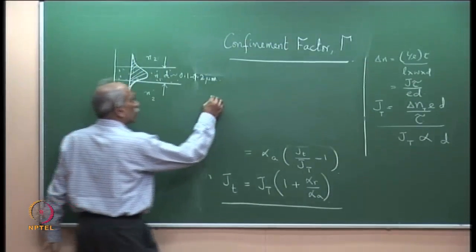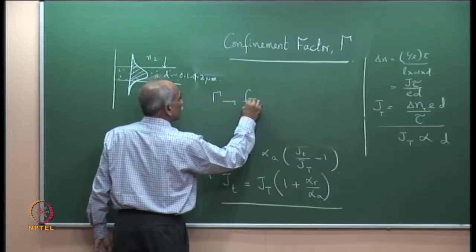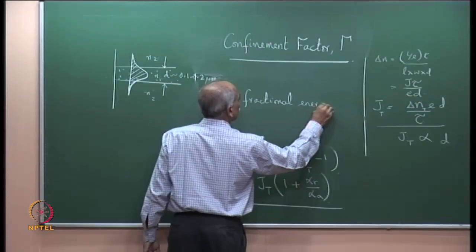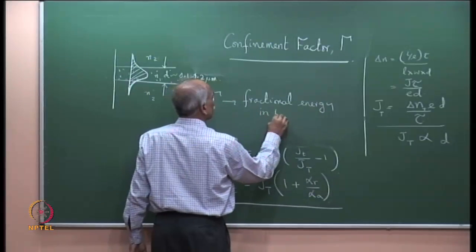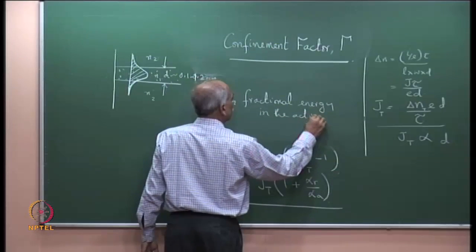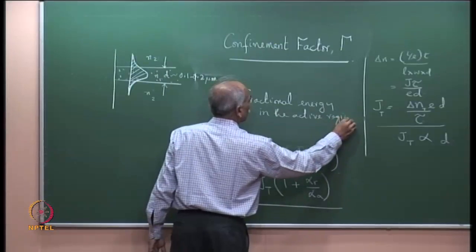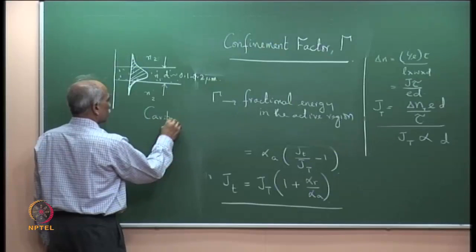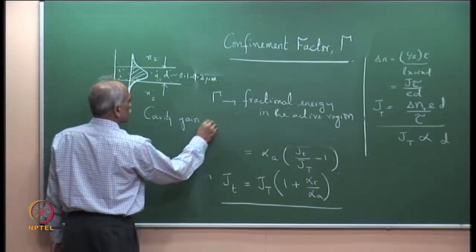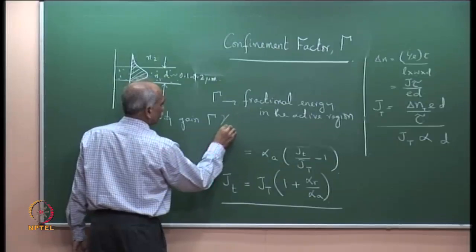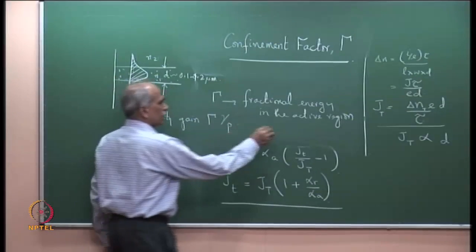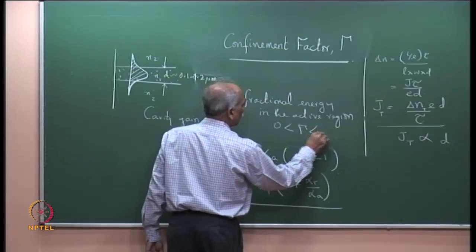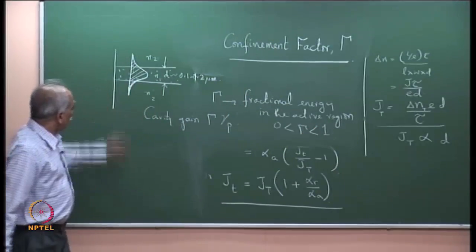So, if gamma is the fractional energy in the active region, then the cavity gain is gamma times gamma p. Gamma is less than 1, 0 less than gamma less than 1. Gamma is this fraction.